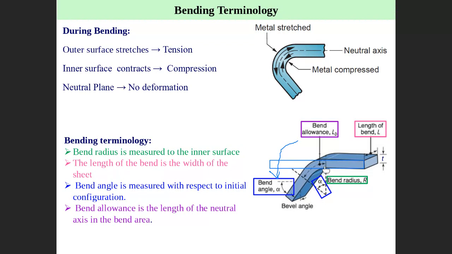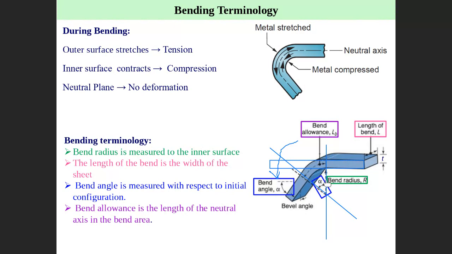There are some terminologies. This one we call the bend radius. This is the bend length. This is what we call the bend allowance. The bending starts here. Can you realize that? Bending starts here, and bending ends here. So the starting point here and the end here, this length in between, we call the bend allowance, LB.